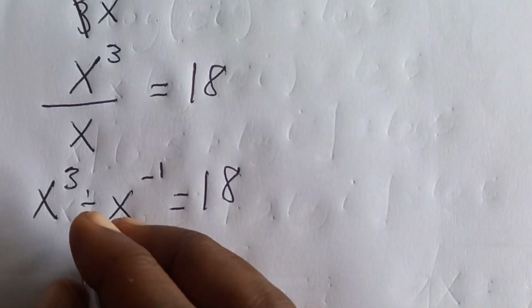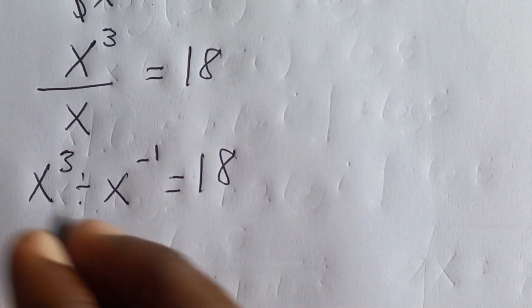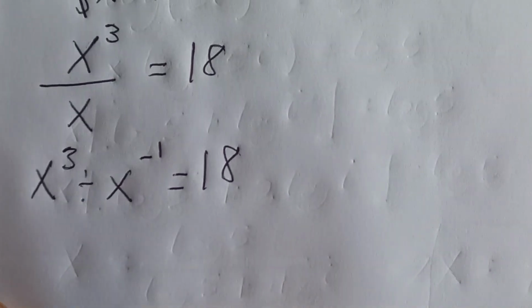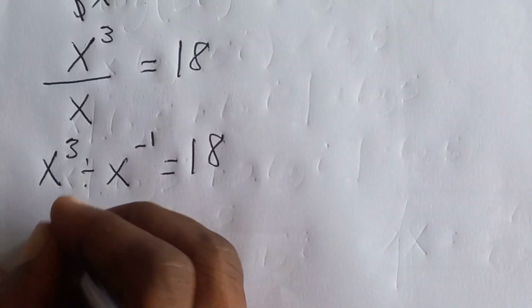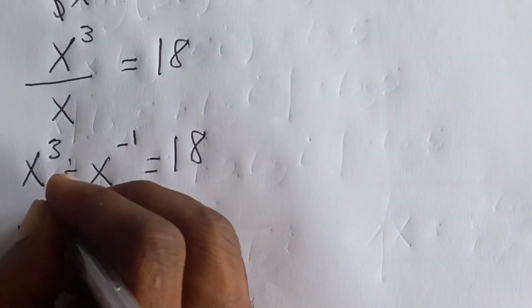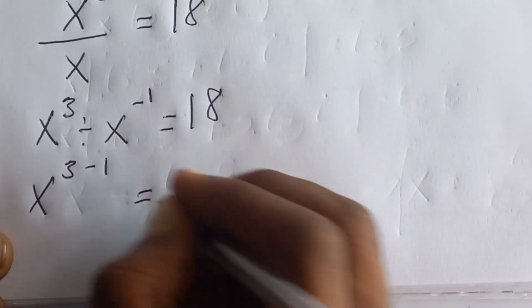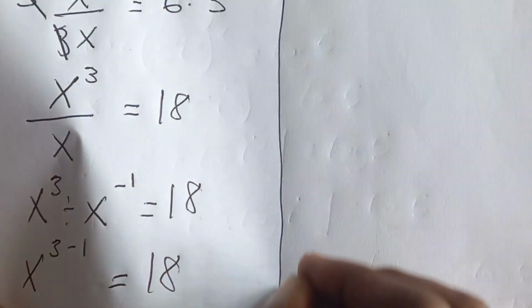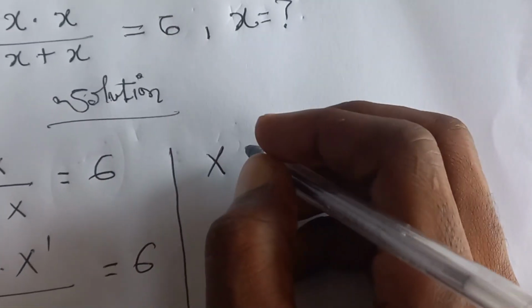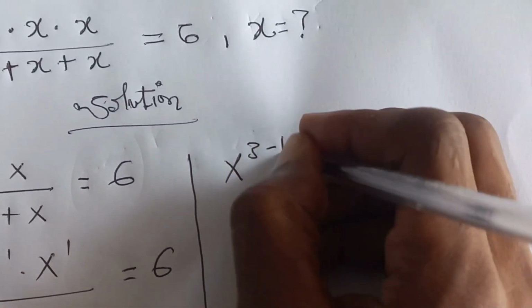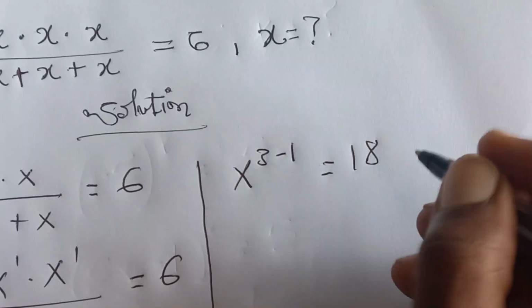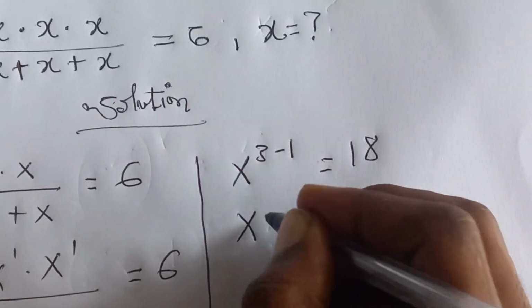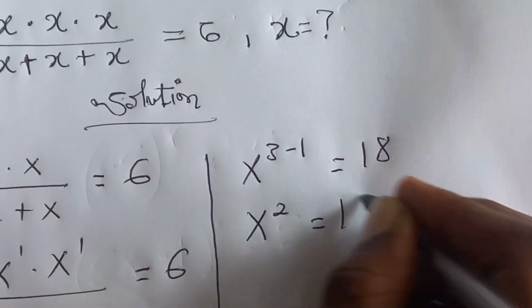So you can say that this is the same as x exponent 3 minus 1, which is equal to 18. So now we have x exponent 3 minus 1 is equal to 18. So this is x squared is equal to 18.